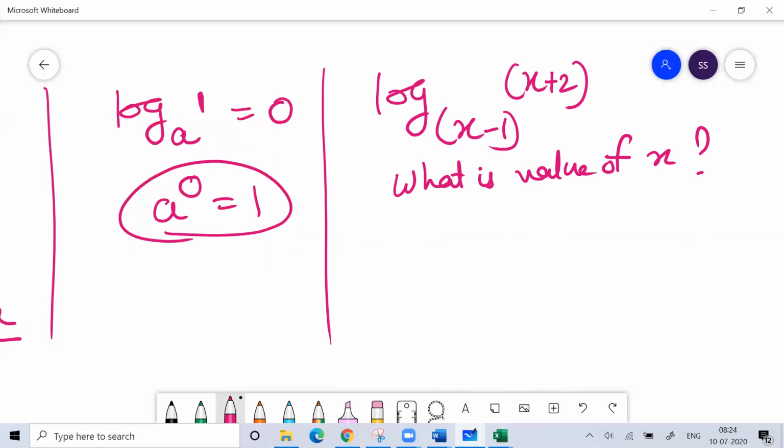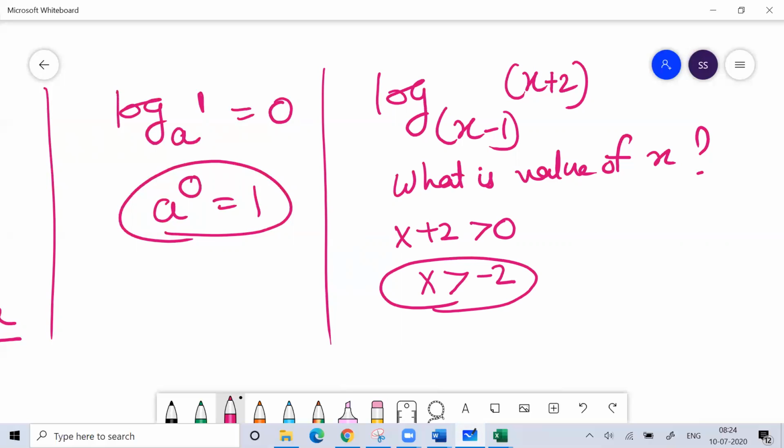What we know about log is that your argument should be a positive number. The value for which you are finding the log should be positive. So x plus 2 should be a positive number. It means your x should be greater than minus 2.